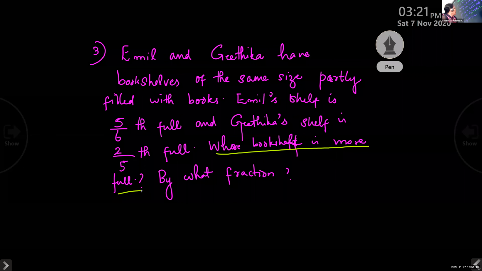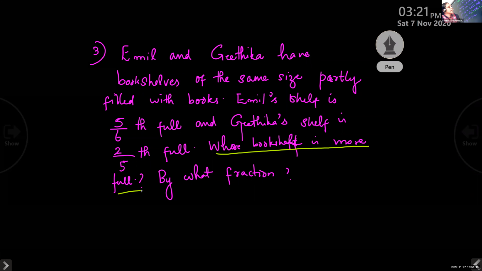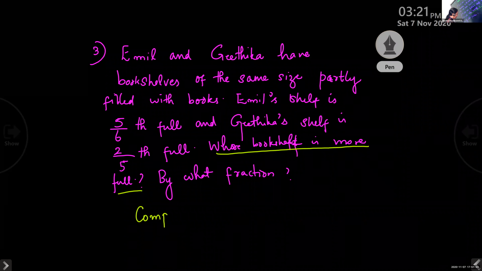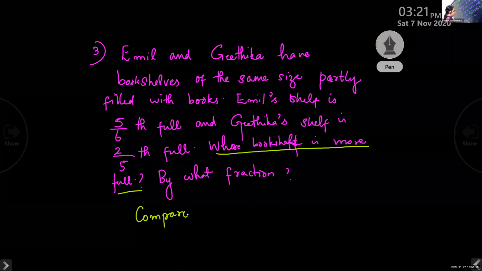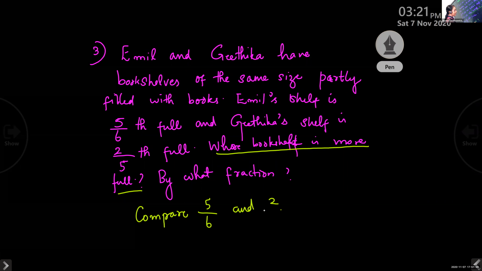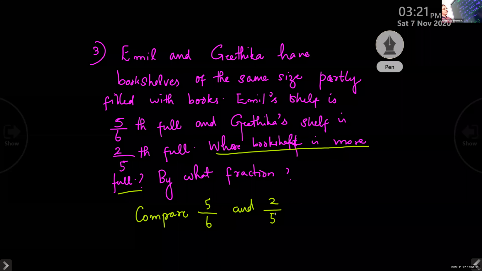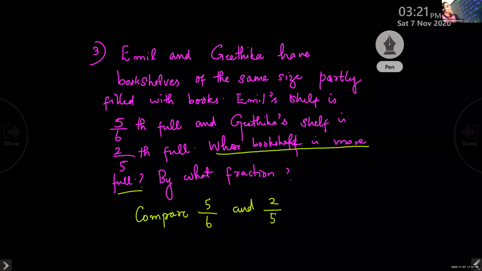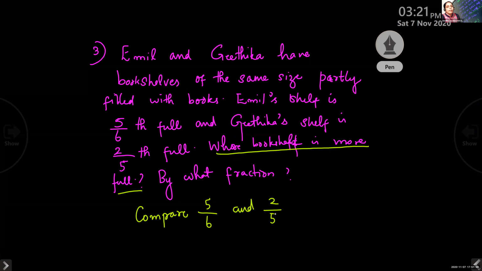We have to compare these two fractions. Ma'am, first we have to check whether the denominators are same. If not, we have to make them same. One is 5/6 and the other is 2/5. When you make the denominator same, only then can you find which one is big and which is small.